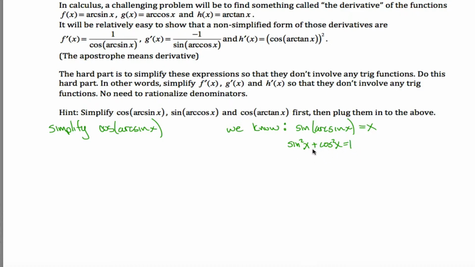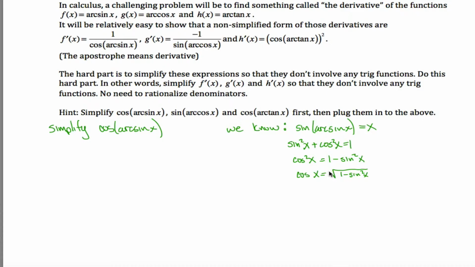And if this is true, it must also be true that cosine squared of an angle is equal to 1 minus sine squared of that angle. Right? Algebraically, subtract sine squared from both sides of the equation. And if this is true, I can take the square root of both sides of the equation to say that cosine of any angle is the square root of 1 minus sine squared of that angle.